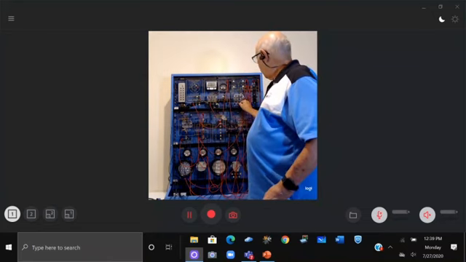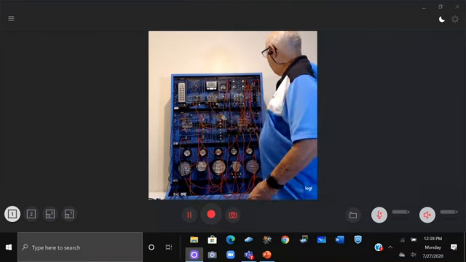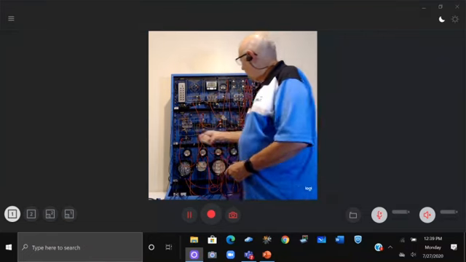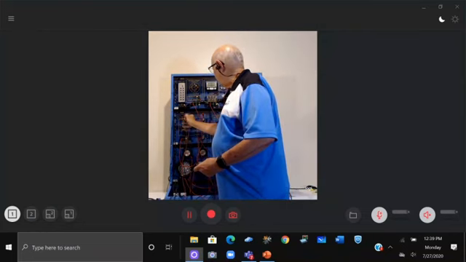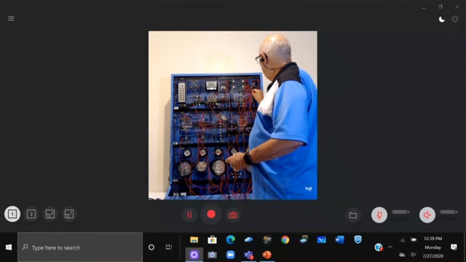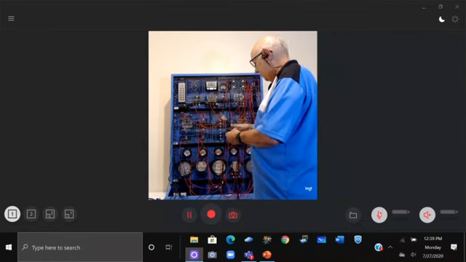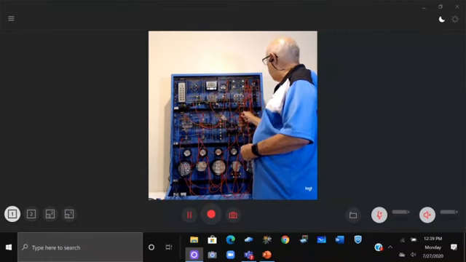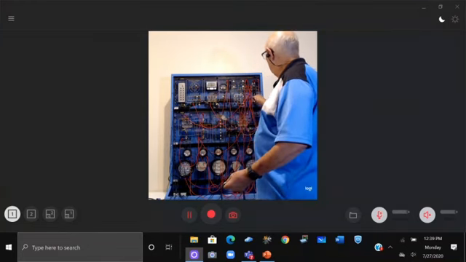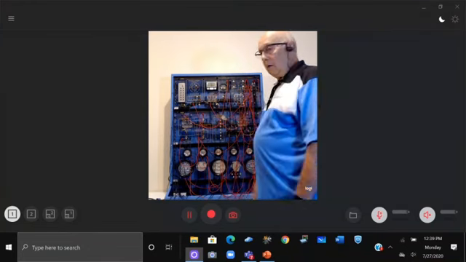Okay? Here's an input, the input module, F2. Here's the ECM, F3. Here's the output module, F4.